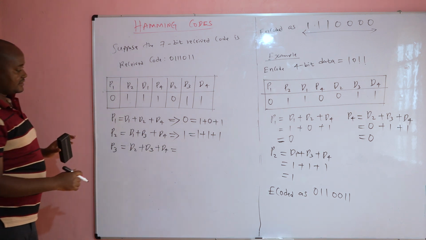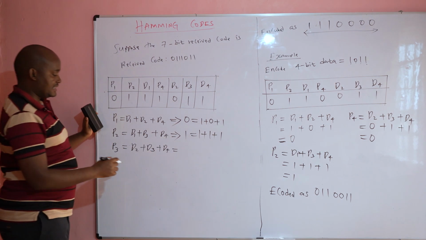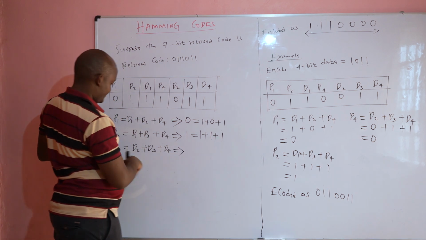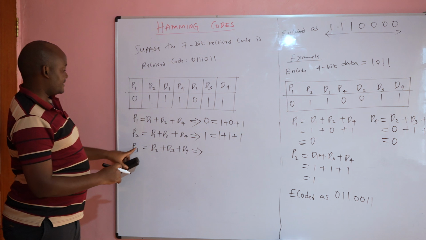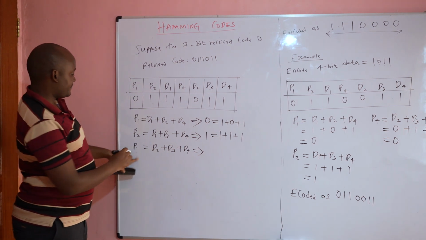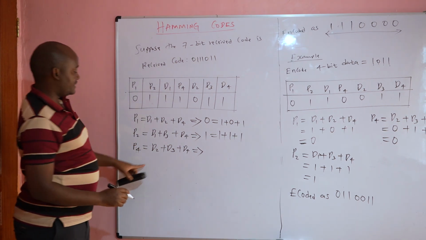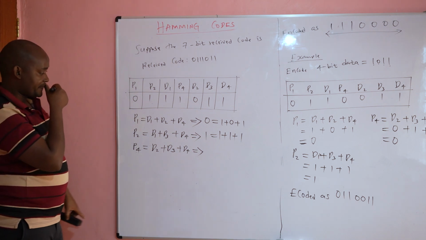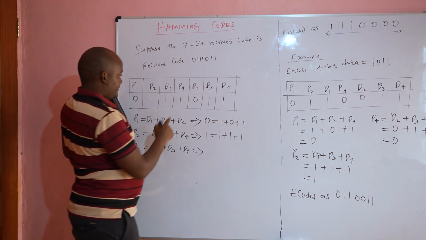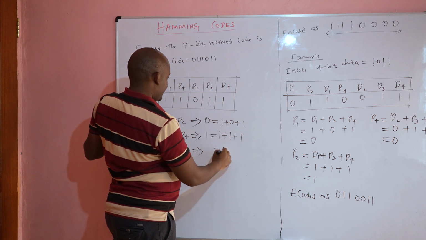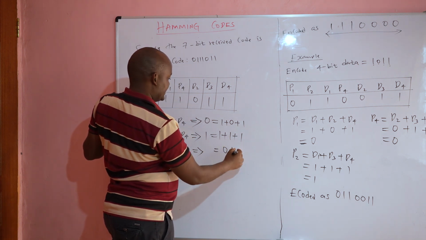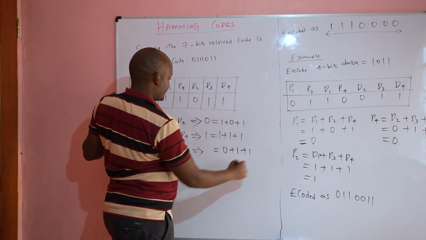So you now need to proceed and check whether there is another error. That is the parity bit 4. Parity bit 4 is given as follows. So parity bit 4, what is our D2? Our D2 is what? 0 plus our D3 is 1 plus our D4 is 1.